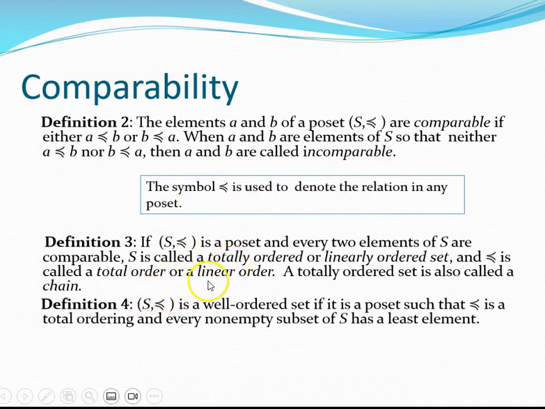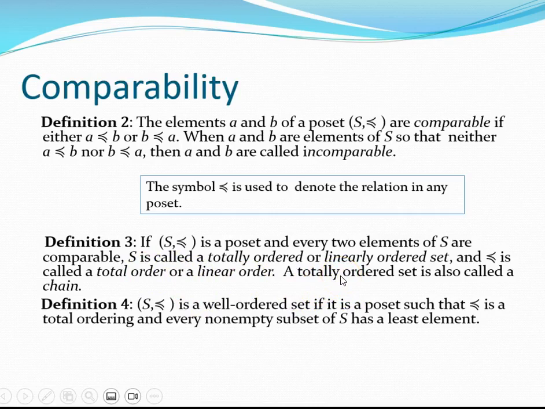Definition 3. If S is a poset and every two elements of S are comparable, S is called a totally ordered or linearly ordered set. And the relation is called total order or linear order.